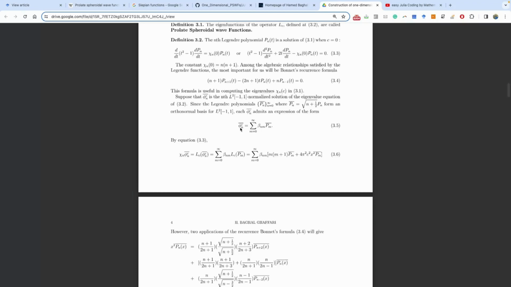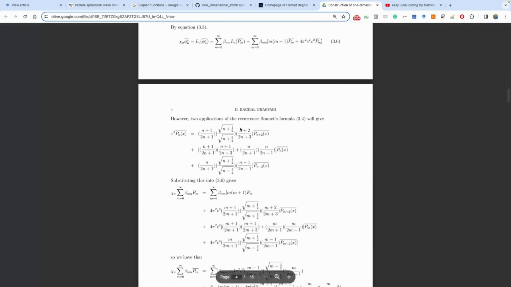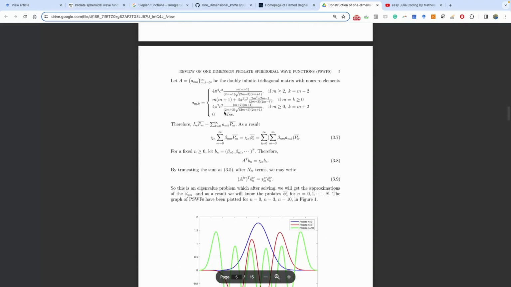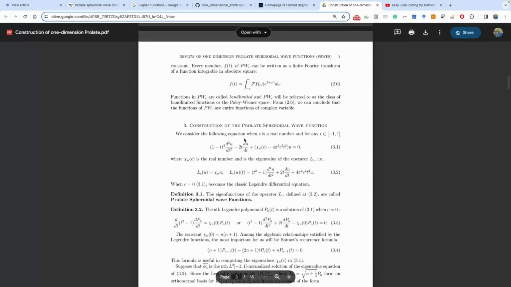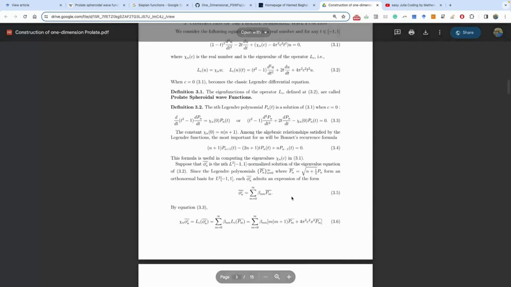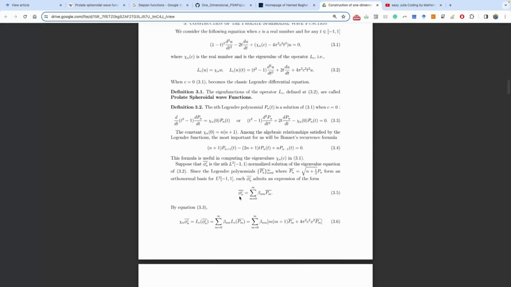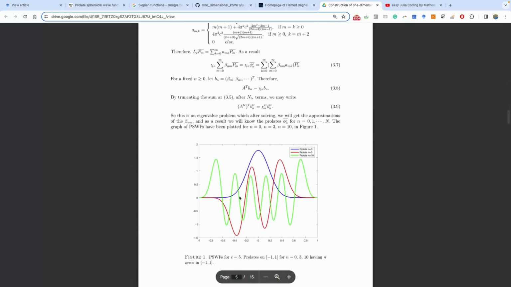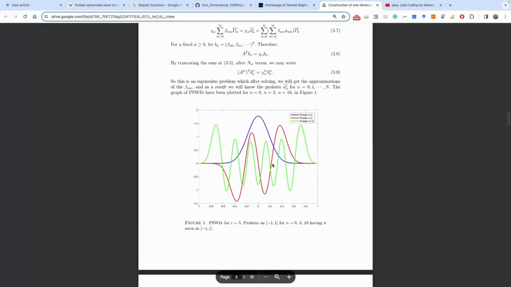Now, here we have this matrix. Once we have it, the eigenvectors of that matrix will provide the coefficients for us. By having the coefficients in this equation, 3.5, we will have our prolates, so we will be able to compute and plot them as a result.